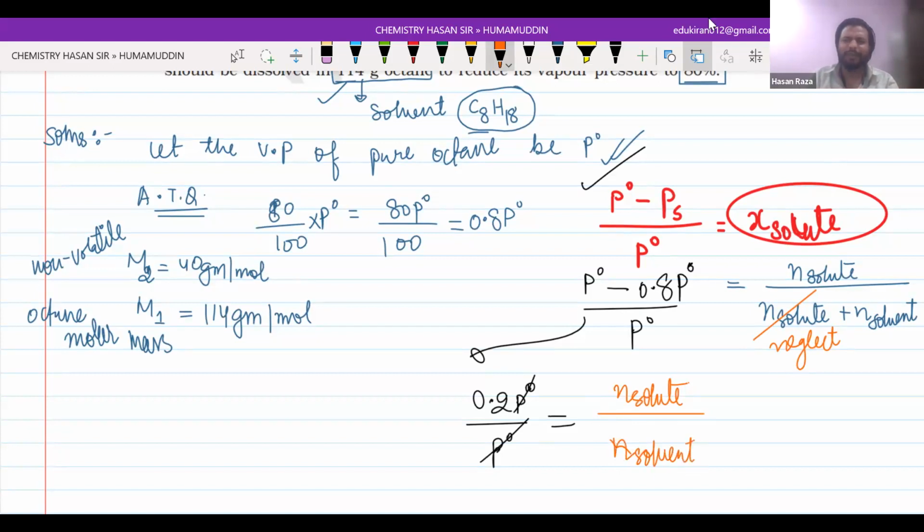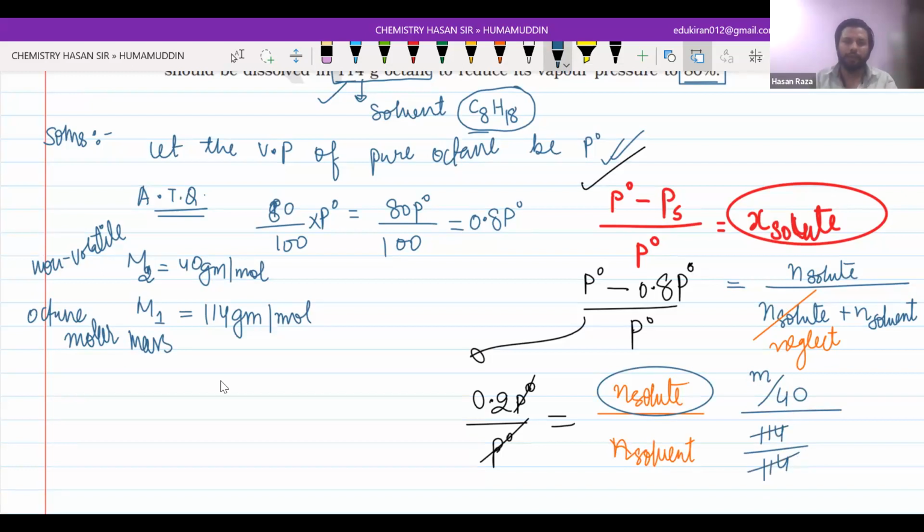Now, what you need to do? It's very simple. What is the formula of number of moles of solute? Given mass of solute upon molar mass of solute, 40 is given. Now, this is the solvent, given mass of solvent 114, and molar mass of solvent we calculated, that is 114. This will be cancelled.